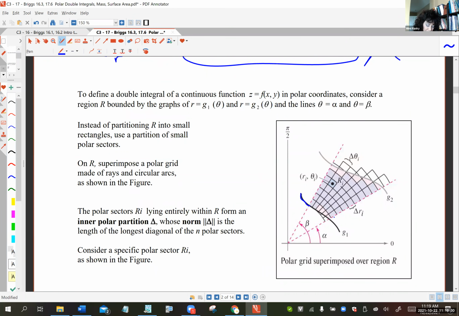So let's say you had some function g1 of theta, and some other function g2 of theta. And then you're going to have this region here, you want to find the area of, or that's your region of integration. Partition it up into a bunch of little polar sectors. Those aren't rectangles. They kind of look like rectangles, but they're not.